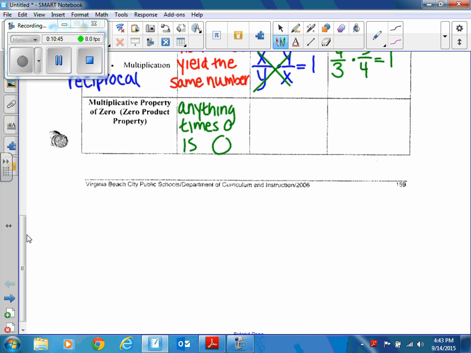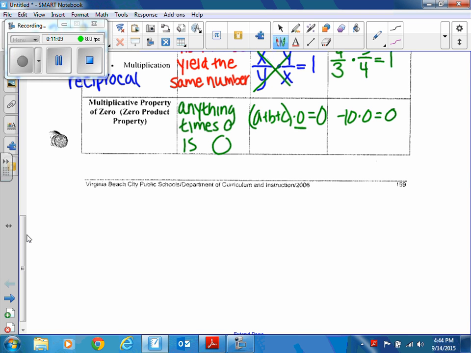So if you have anything, A plus B plus C times 0, well, as soon as you see that times 0, you know that the answer is 0. Same thing numerically, if you have negative 10 times 0, well, that's equal to 0 also. So anything times 0 equals 0. All right, we got a few more left on the back.